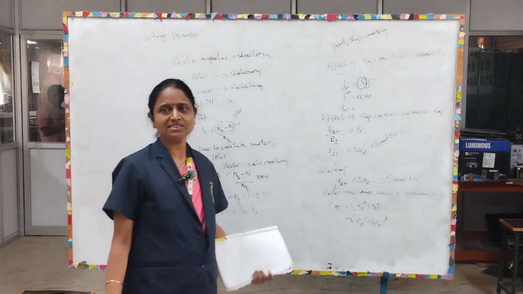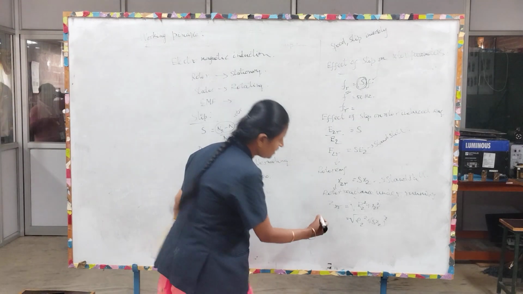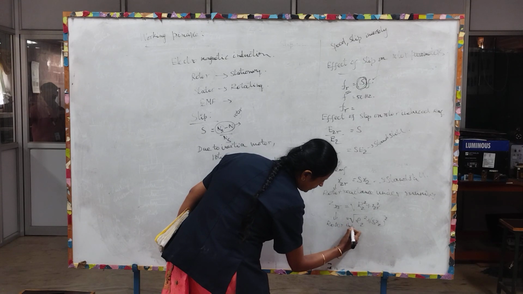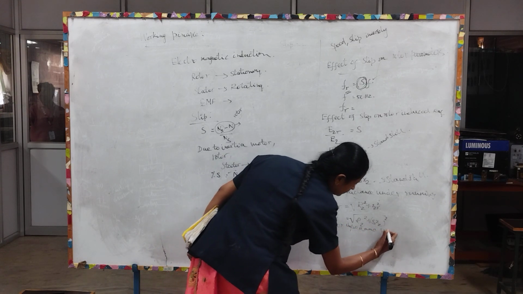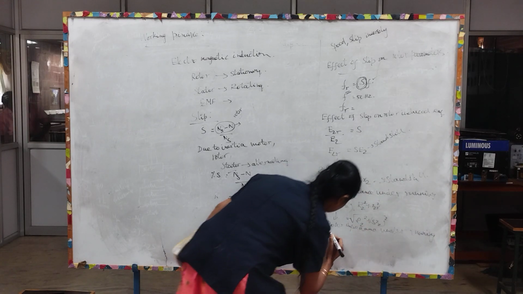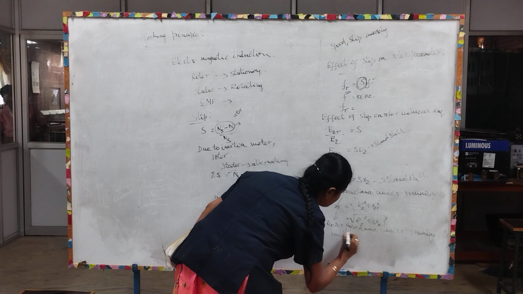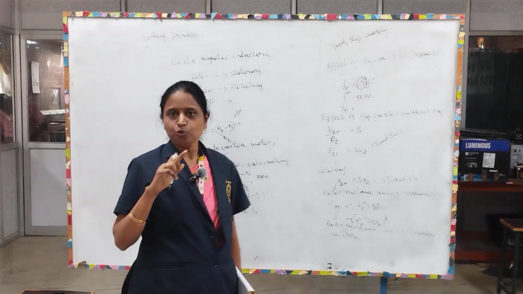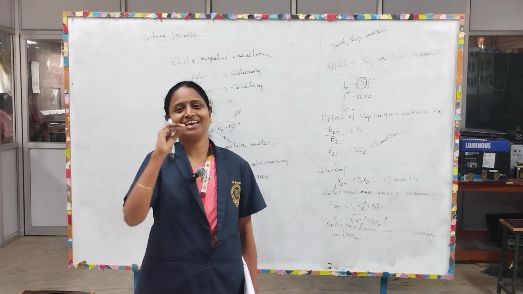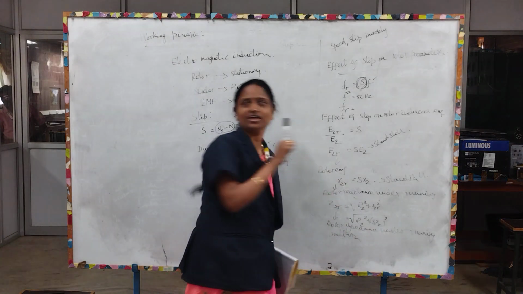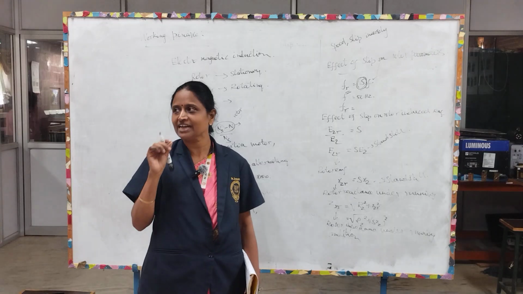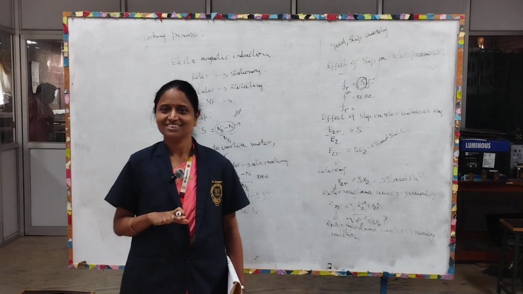S is the slip, R2 is the rotor resistance, X2 is the rotor reactance, and X2R is the rotor reactance under running condition.